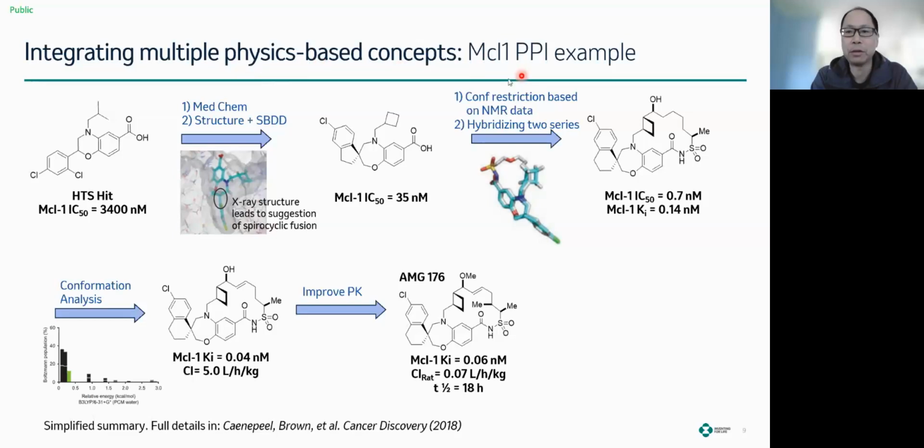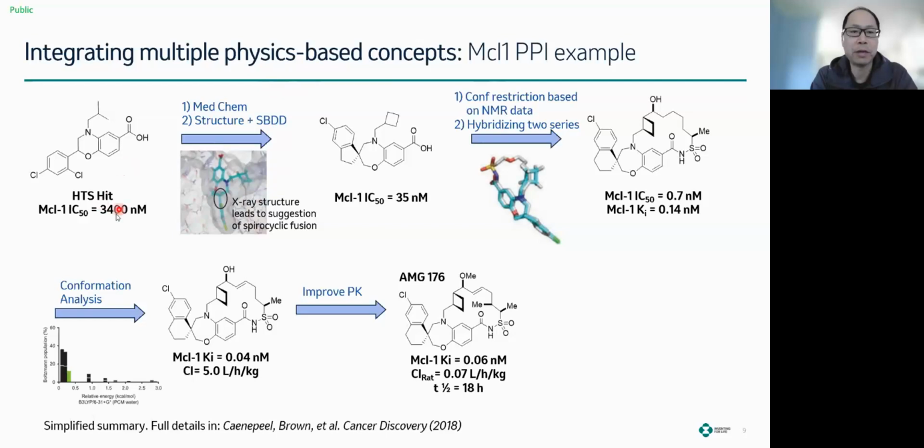Here's one example of one molecule, MCL1, which is a protein-protein interaction example. And I think it's useful to think about all the different pieces that are involved, and think about how AI ML can help, and what pieces are strongly physics-based.